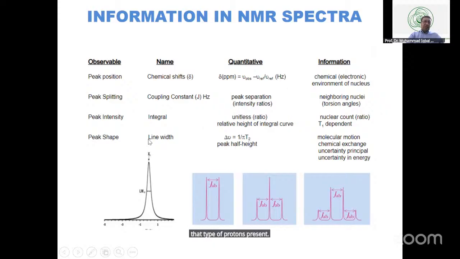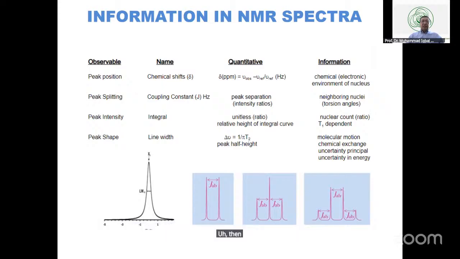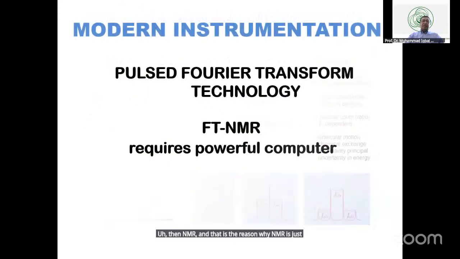Peak shape also gives you some information, because often exchangeable OHs and NHs appear as broad signals. So a lot of information you get from NMR, and there is no other technique which gives you so much information than NMR. And that is the reason why NMR is just a fascinating technique.